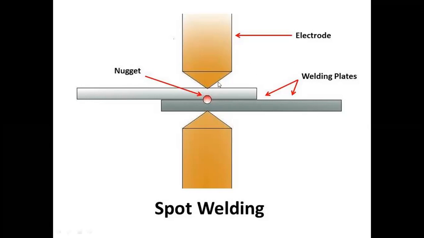In this case, one arm or one electrode is fixed. Generally the lower electrode is fixed and the upper electrode is movable, to adjust for the thickness. Okay, and next, guys, if you have any question, you may ask me.